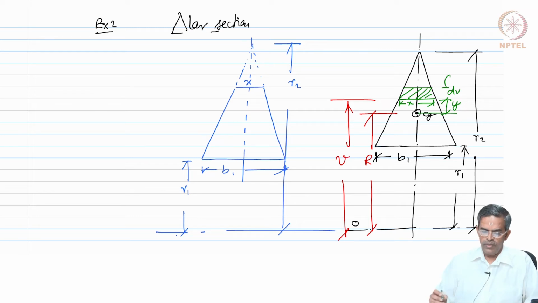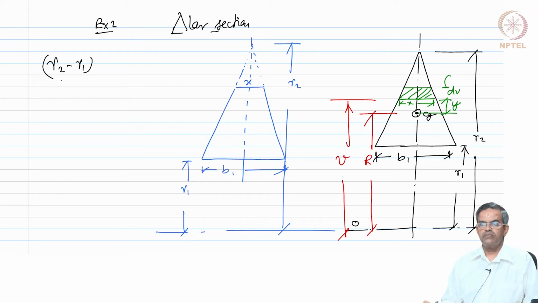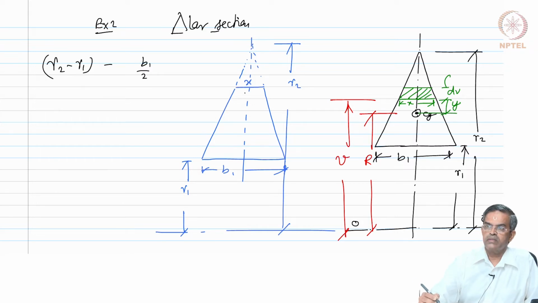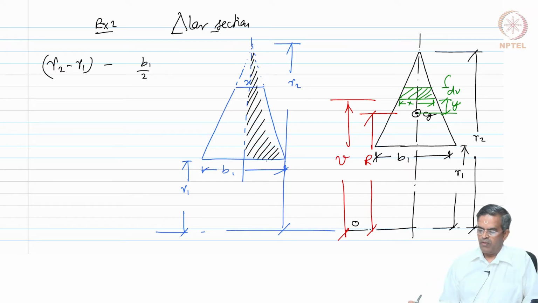So, we now write a relationship R2 minus R1. The variation is for B1 by 2, is it not? If you look at this triangle, let us say I am looking for this part. For a variation of R2 minus R1, the horizontal arm is B1 by 2.